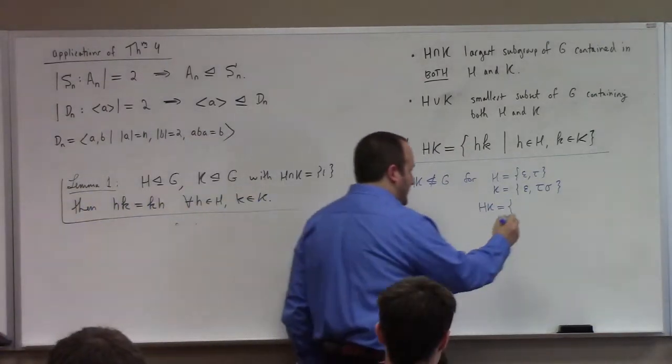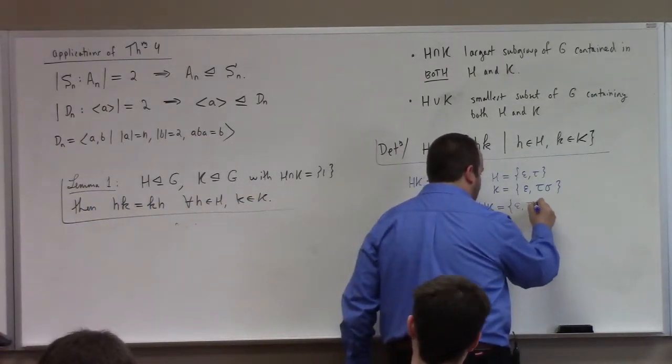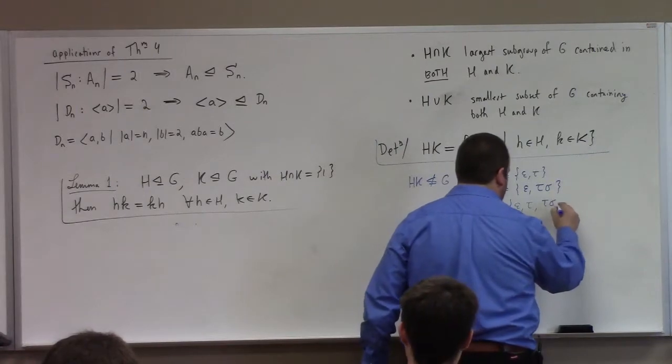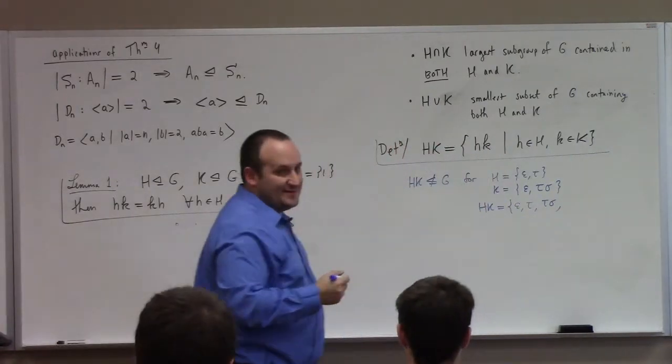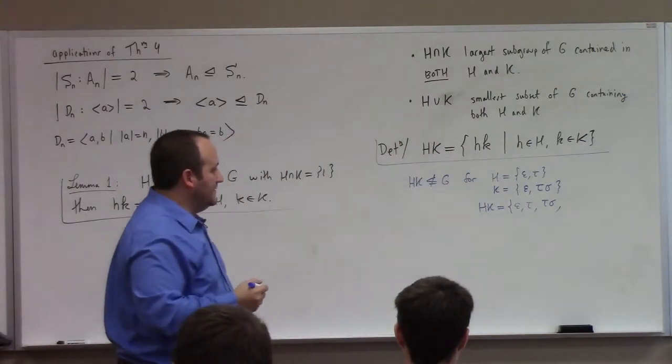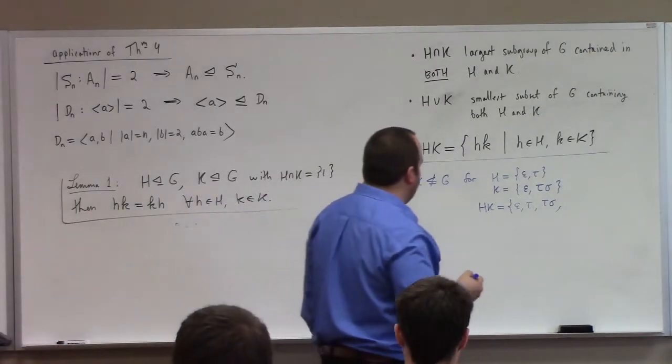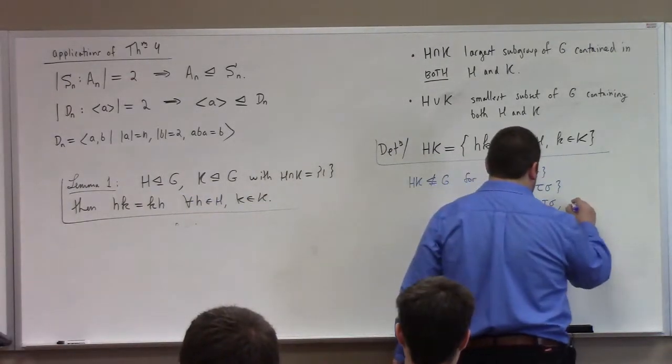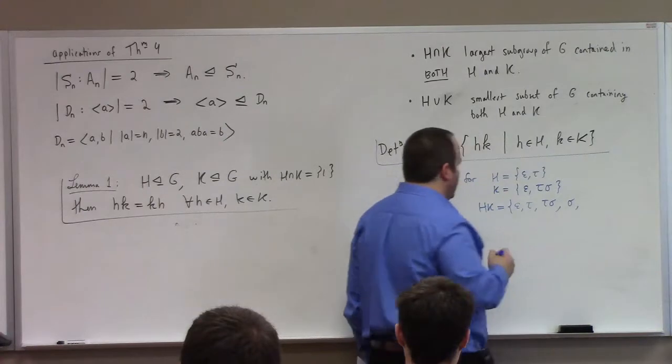I'll start out easy. It's definitely got epsilon. It's definitely got tau. It's got tau sigma. What else has it got? How does it have sigma? Oh, tau times tau sigma. So it's got sigma, right?